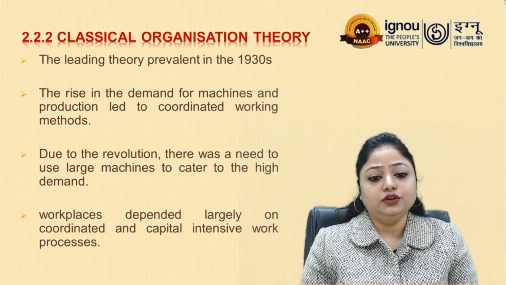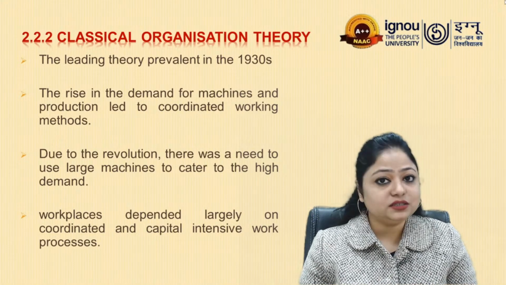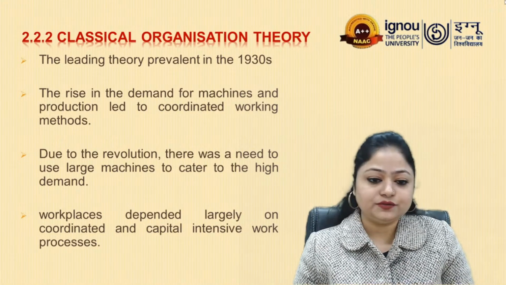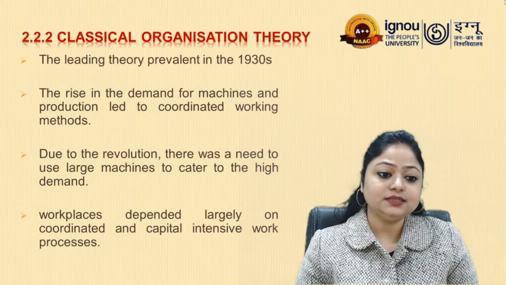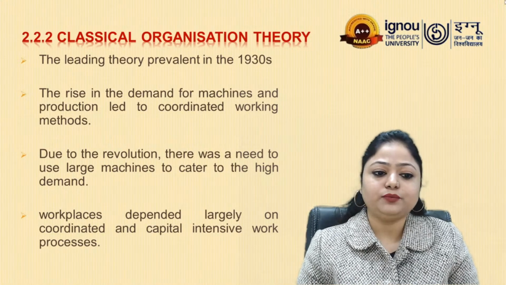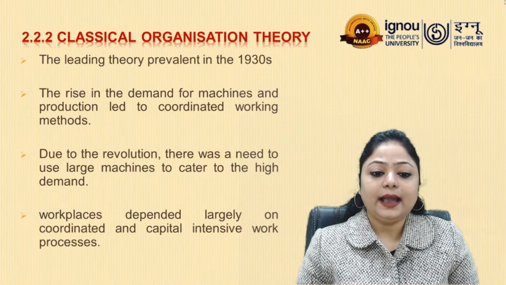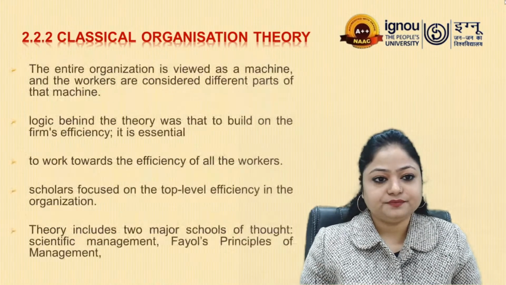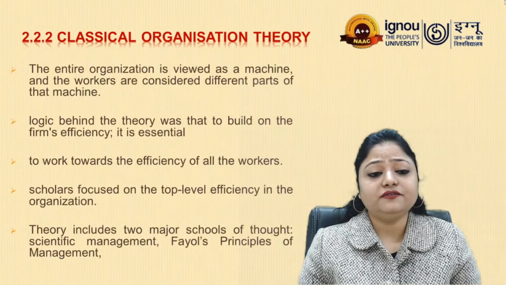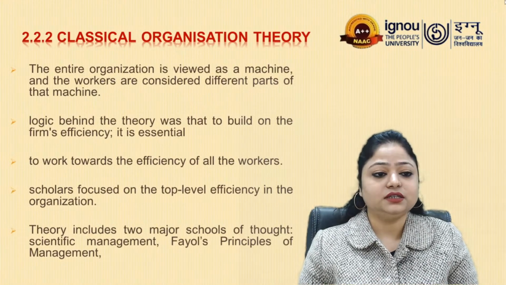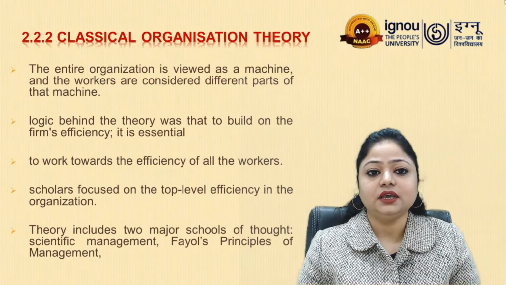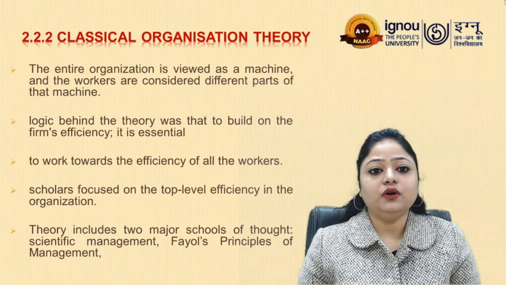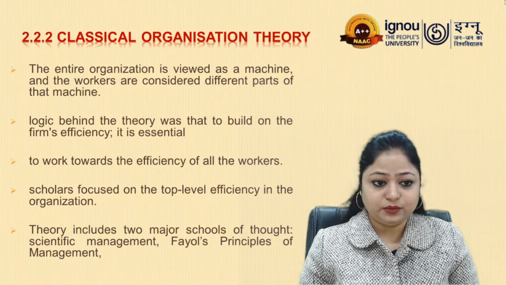So due to the revolution, there was a need to use large machines to cater to the high demand of the society and the masses, and the workplace depended largely upon coordinated and capital intensive work progress. Another feature of this classical organizational theory is that the entire organization was viewed as a machine and the workers were considered different parts of that machine.